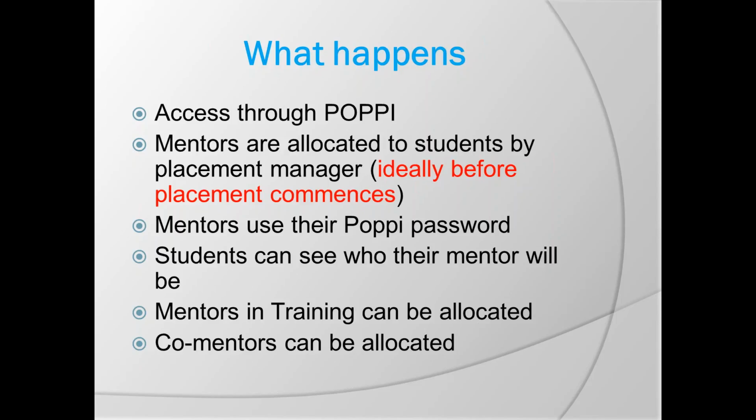Mentors use their allocated Poppy password, and so do tutors and students. Students will see who their mentor is going to be, and mentors in training, people undertaking a mentorship qualification, can also be allocated, and co-mentors can also be allocated to students.